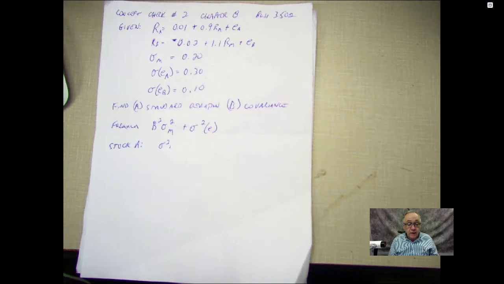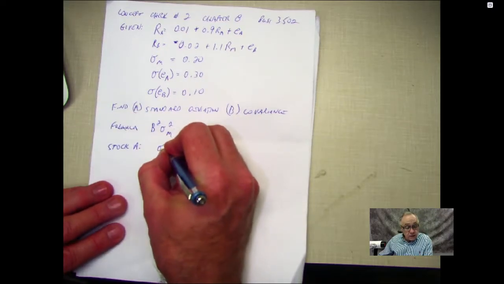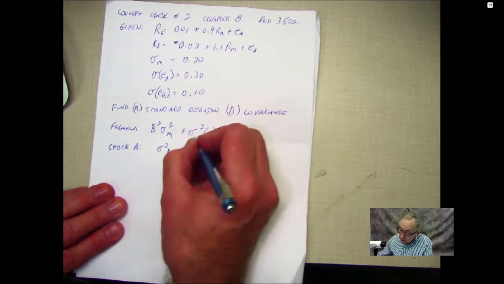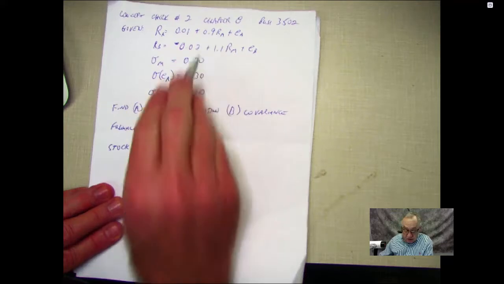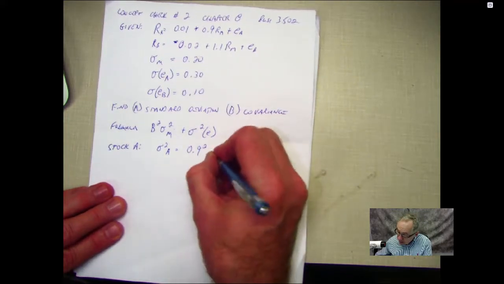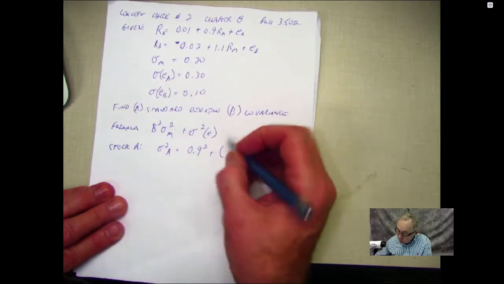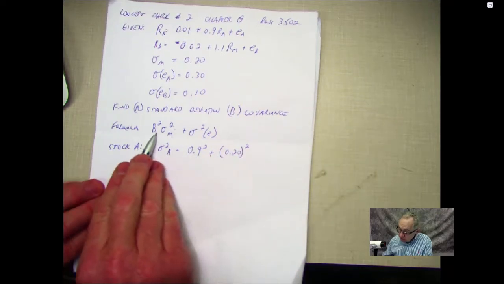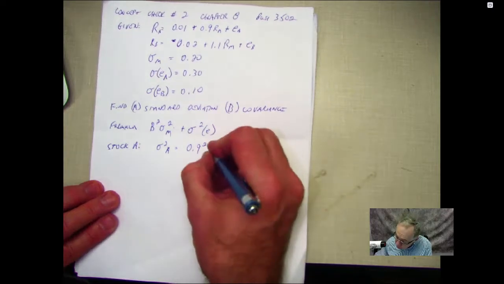For stock A, this becomes 0.9 squared, which is our beta for the market, times the standard deviation for the market, 0.2 squared. So that satisfies these two pieces of the equation.